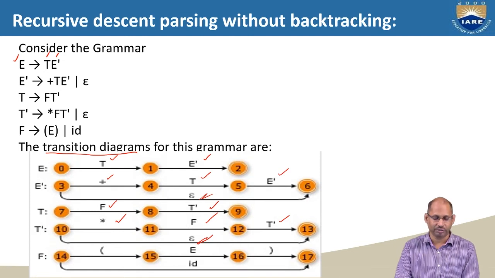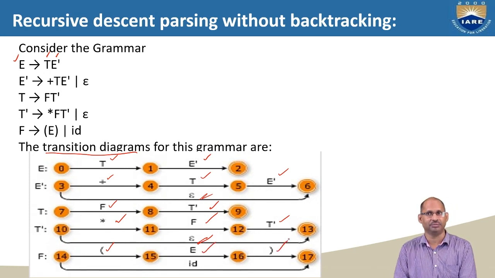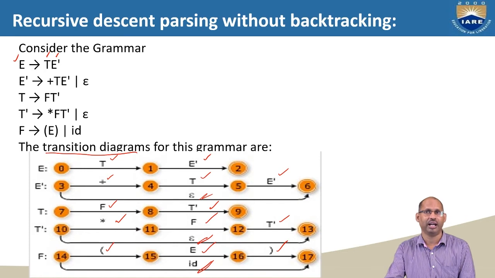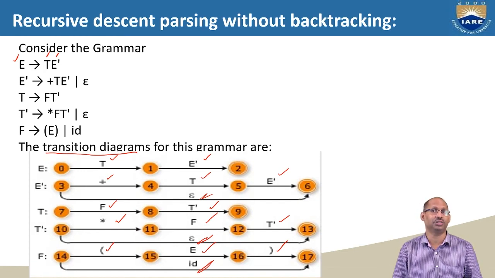Then the F function. If it starts with the opening parenthesis, then it must be followed by the E function and the closing parenthesis. Otherwise, it will check ID. So these are the transition diagrams written for each non-terminal to develop the procedure for each non-terminal.